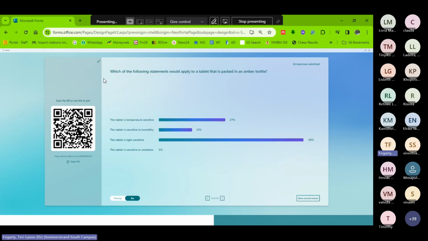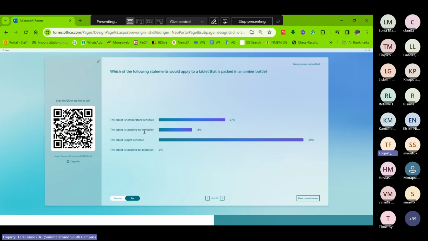For this one, you need to know what an amber bottle is. An amber bottle is one of those brown bottles. Why would a tablet be in an amber bottle? It's to protect it from light. So the tablet is light sensitive, is the correct answer. It's not to say that tablets aren't sensitive to temperature or humidity.